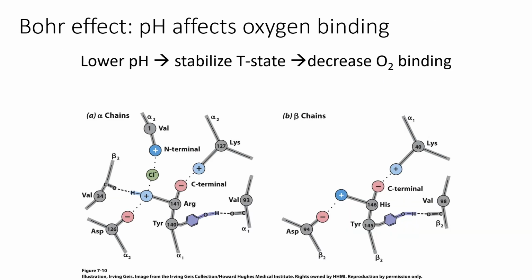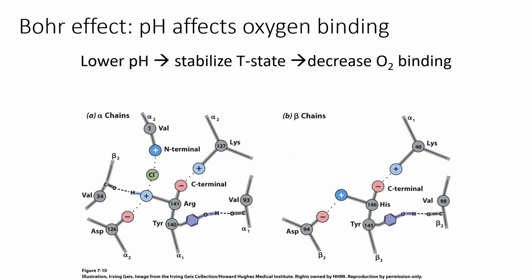So let's talk about another effect on oxygen binding in hemoglobin, and that is the Bohr effect. The Bohr effect is defined as how the pH can affect oxygen binding to hemoglobin. It does that through these salt bridges.